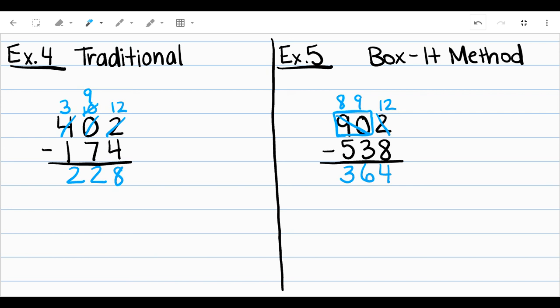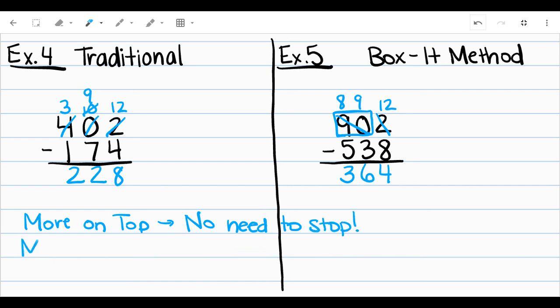So I just want to review with you before we end here. When we're doing our subtraction, we have to remember that if there's more on top, then there's no need to stop. We just subtract down.